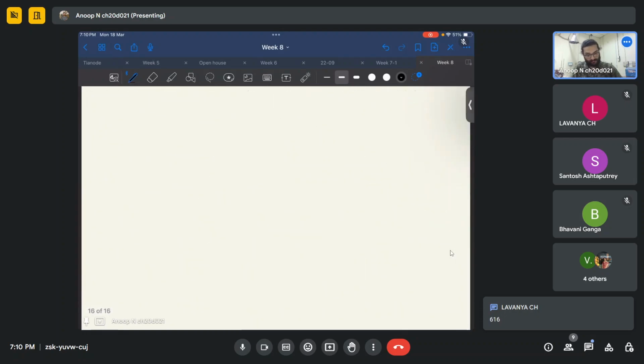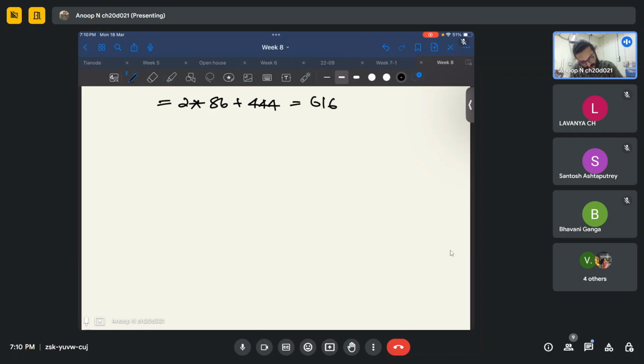Equal to 2 into 86 plus 444, which is nothing but 616 Siemens centimeter square per mole. So let's go to the next part.